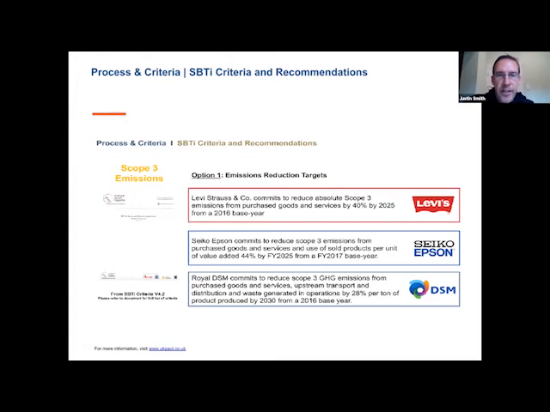Seiko looking at how they're reducing scope 3 emissions from goods and services at a product per unit of value level by almost 50%. And then Royal DSM looking at how to reduce scope 3 emissions, upstream transport and distribution, as well as waste at a per ton of product level. So I think each of these different opportunities and different options in terms of what the metric is you want to use and how you use that within your scope 3 targets going forward.